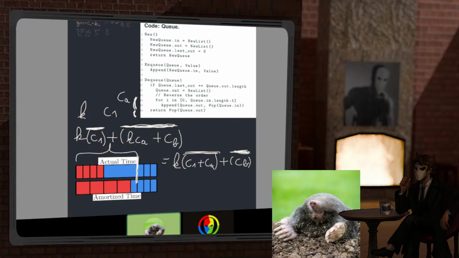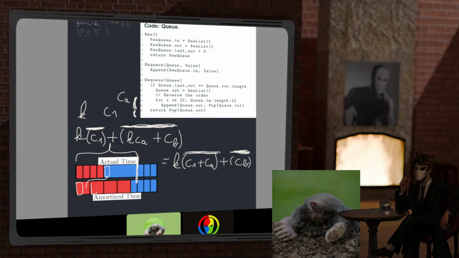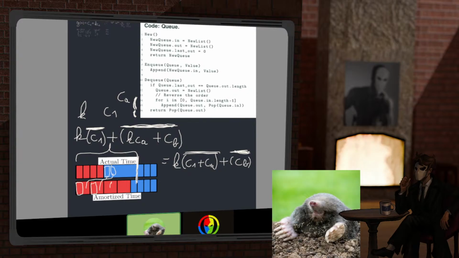So, for example, this first enqueue actually takes this much time, but we already consider the time it will take when outputting. Same for this one, and this one, etc.